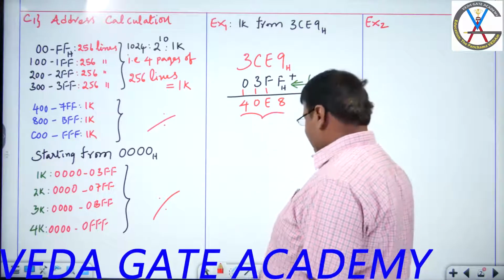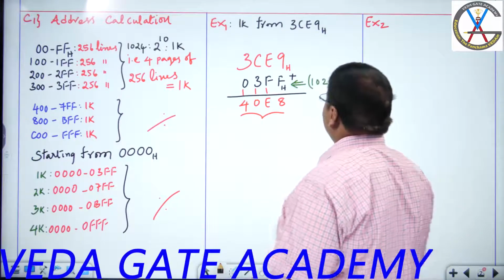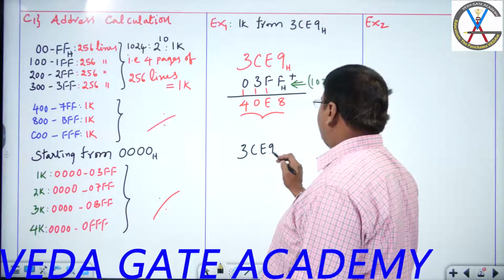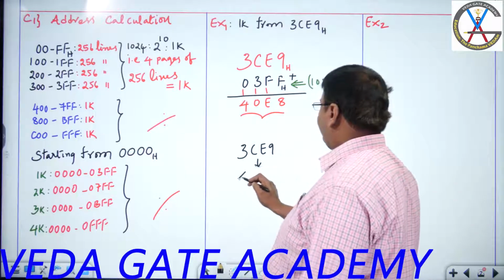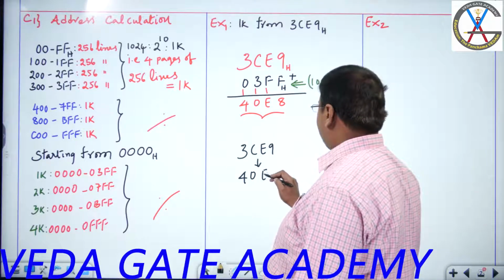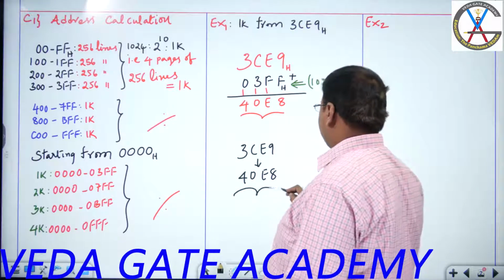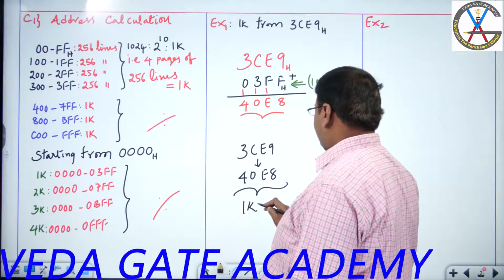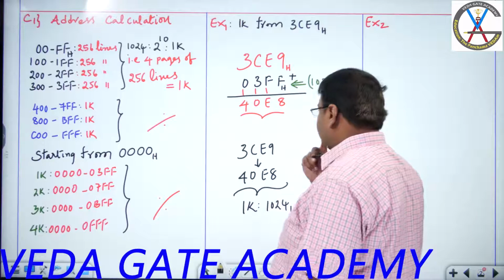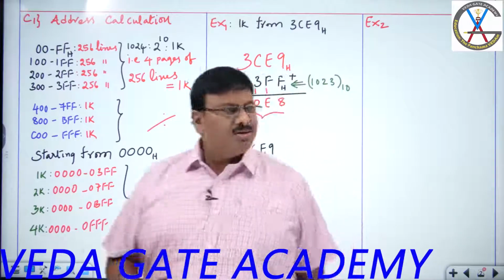So it is 3CE9 to 40E8 is 1K, nothing but 1024. Are you clear with the calculation?